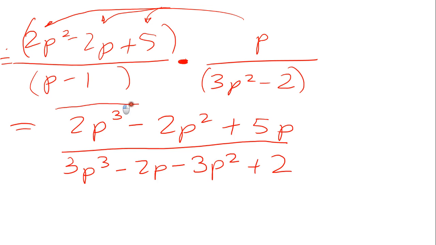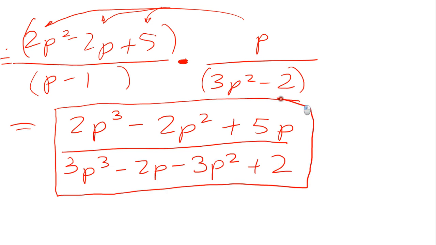The only thing is in the text they swapped this term and this term around, but it's the same result. So that's what you end up with: 2p squared minus 2p plus 5 and minus 2p squared minus 2p. Okay, good, that works out.